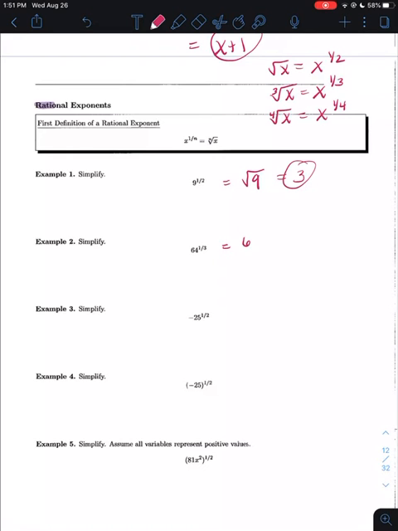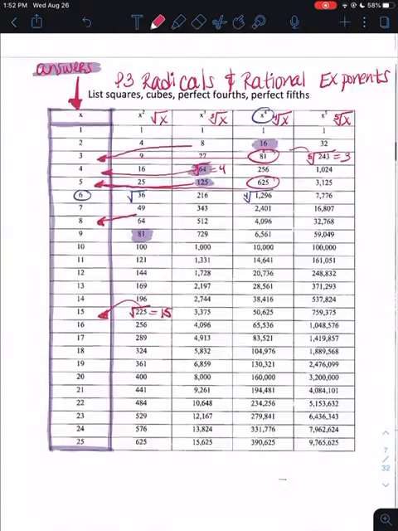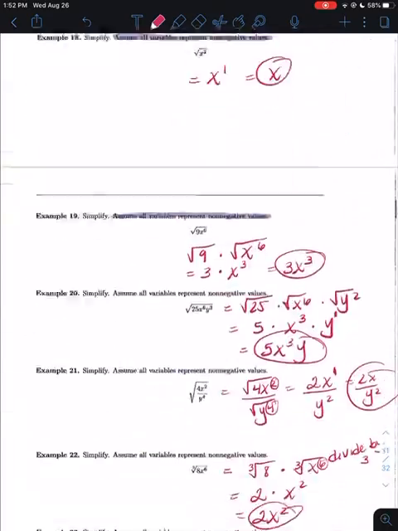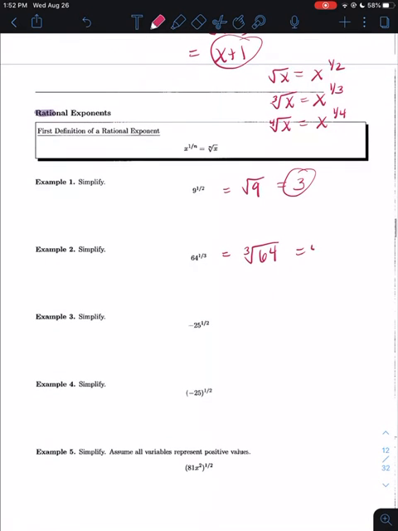So this is the cube root of 64. Then you will go to your chart, look in your cube root column, and find the number 64. The cube root of 64 we did earlier is 4. So that chart is helpful. So this is just 4.